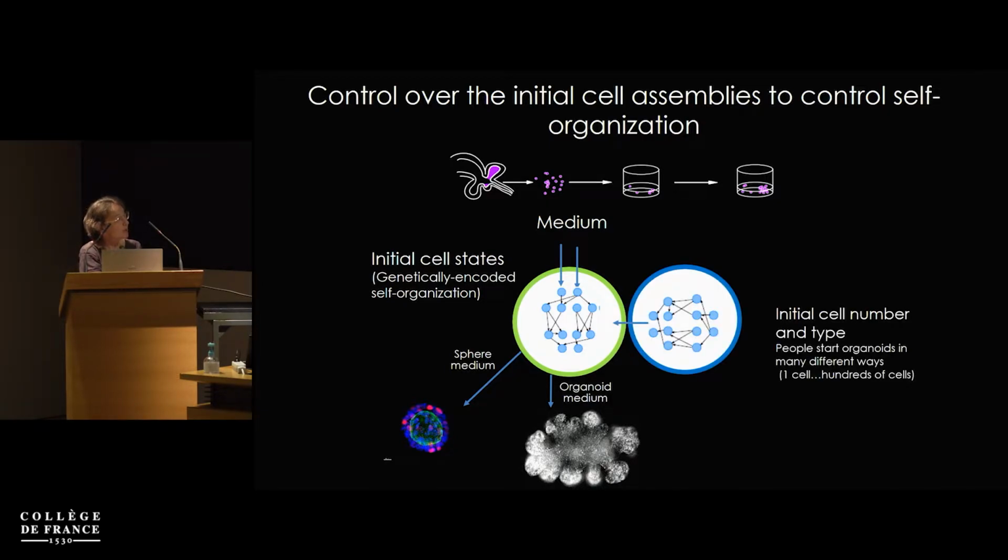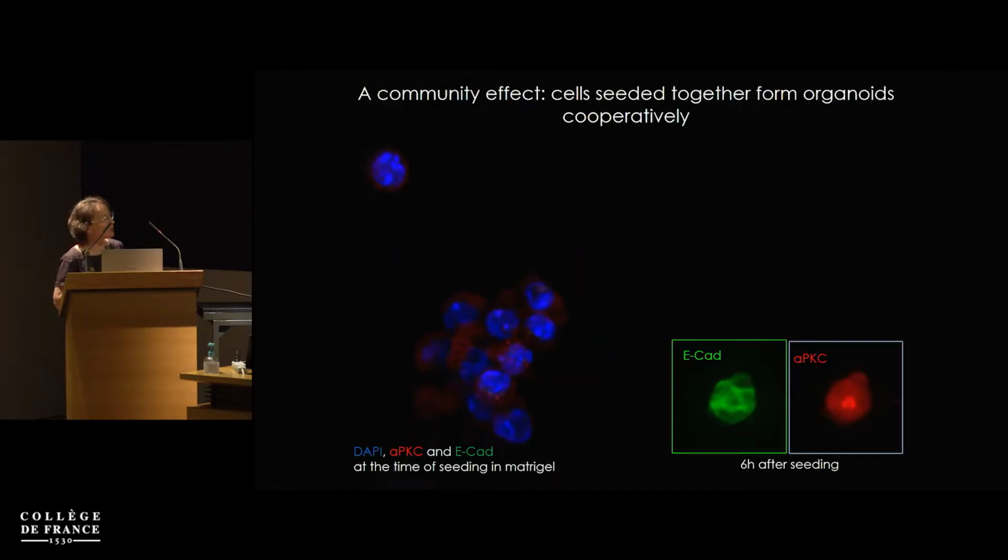What we also know is that the system doesn't start from a single cell, but that the initial cell number matters, and the cell states that you put in and mix together matter. We know that from looking either in a bulk culture where you focus on areas where you have 1 cell, 2 cells, 3 cells, or now what we can do is use microwells where we can by design assemble 1 cell, 2 cells, 3 cells.